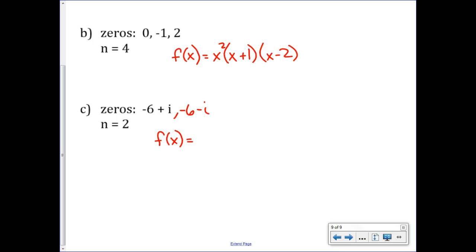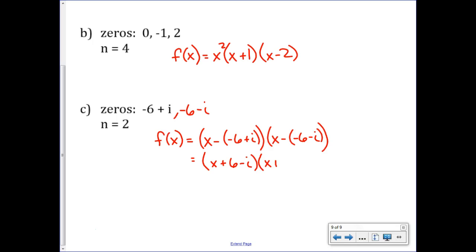I need to do x minus a negative 6 plus i, and x minus a negative 6 minus i. So now if I simplify that, x minus a negative 6, I get x plus 6 minus i, and I get x plus 6 plus i.